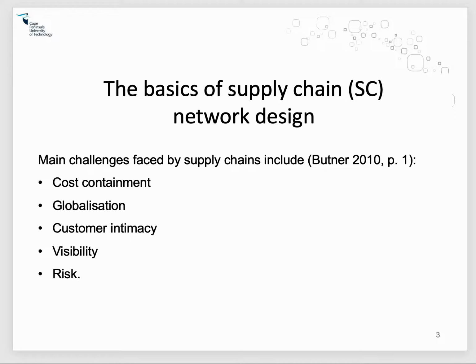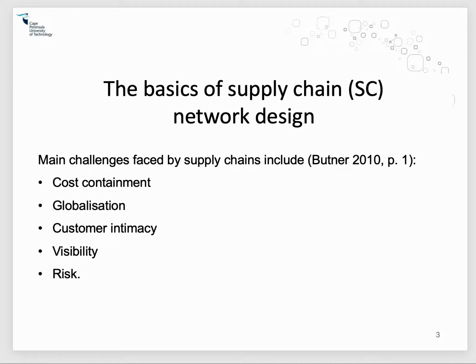So, the top challenges faced by the global supply chain designs, obviously, customer intimacy places pressure on companies to be more demand driven while simultaneously having to increase their connectivity with their suppliers.